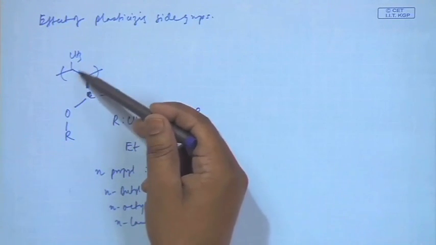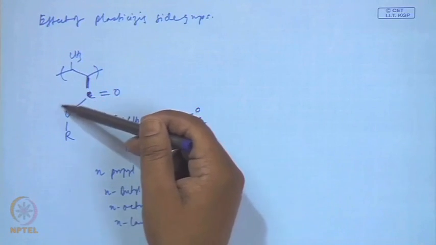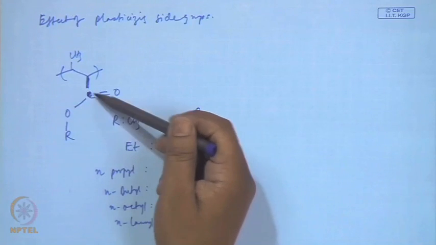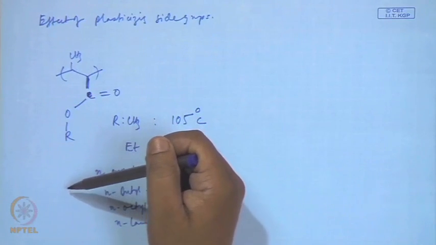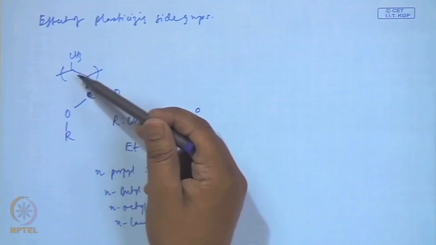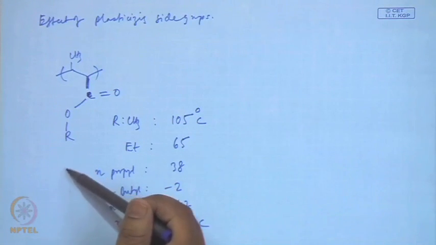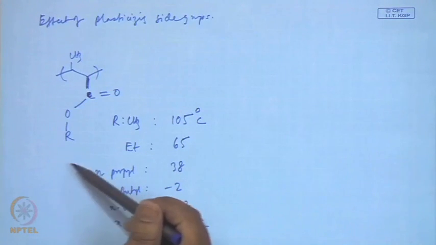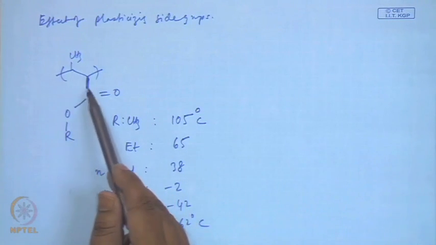Whatever restriction has been imposed on the bond rotation has been done by the first few atoms. So, if you put further substitution, it does not contribute much in terms of restriction in bond rotation, but because of the side chain mobility, they generate lots of free volume, and hence the entire polymer chain becomes more mobile.